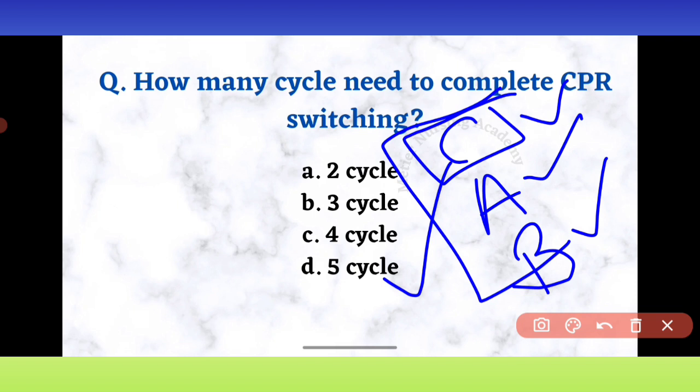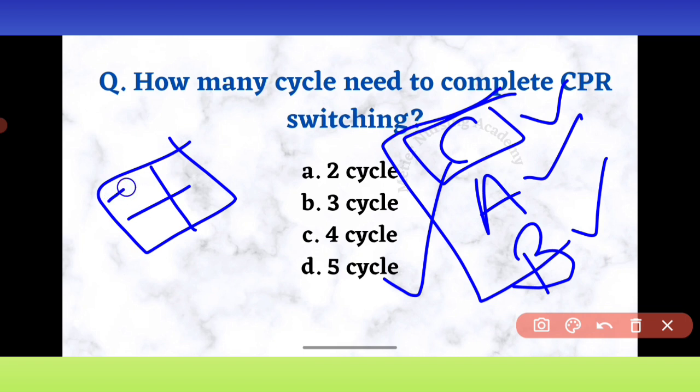What is the reason behind that? Brain death will happen within 10 to 15 minutes, so how do we prevent it? That's why they changed ABC to CAB. What is the rationale behind this? See, this is the heart. Even if the heart has stopped or cardiac arrest has taken place, some amount of blood will be present in the heart.